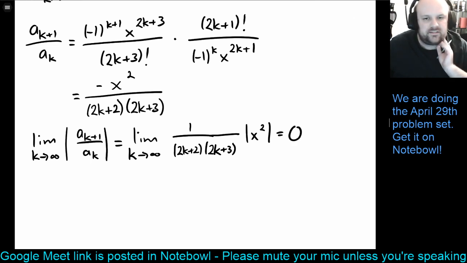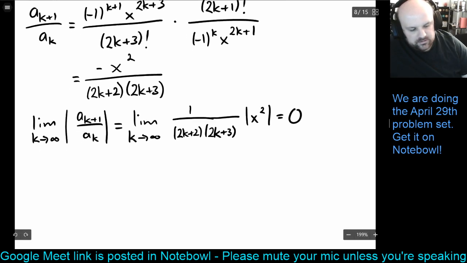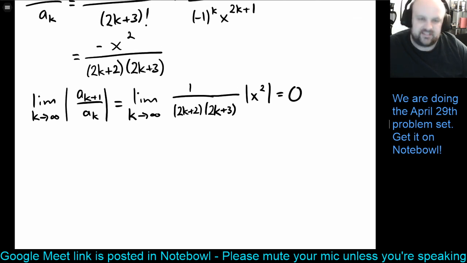What do you think this is going to mean about the radius of convergence and the interval of convergence? The radius of convergence is infinity, and the interval of convergence is minus infinity to infinity. Yeah, exactly.